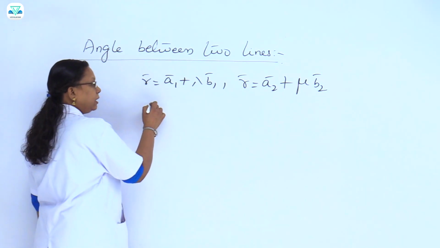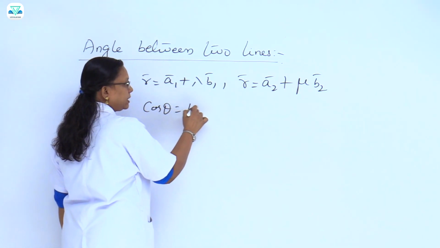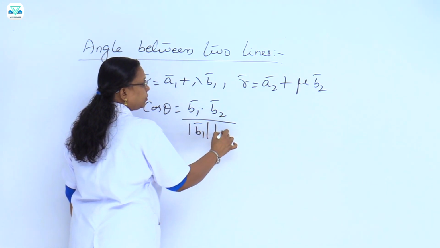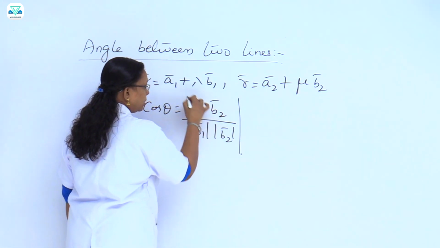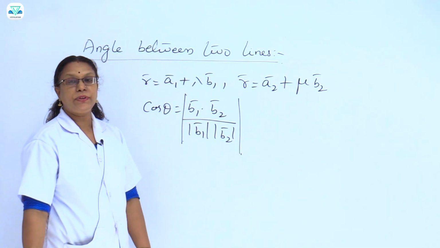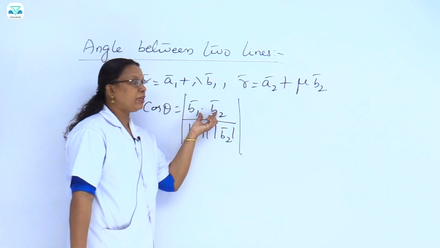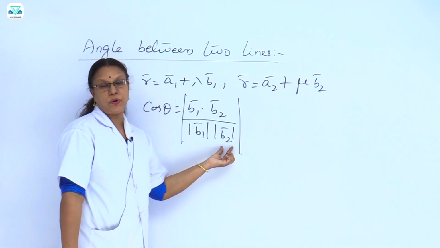Then the angle between the two lines is cos theta is equal to b1 dot b2 by modulus b1 into modulus b2. Its magnitude, because here we consider theta as the acute angle. So, cos theta is b1 dot b2 by modulus b1 into modulus b2.